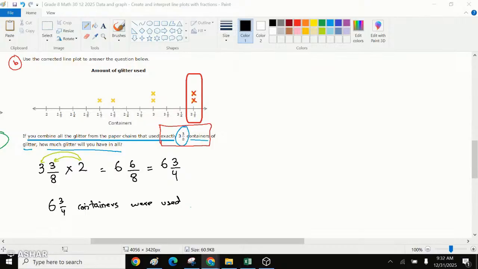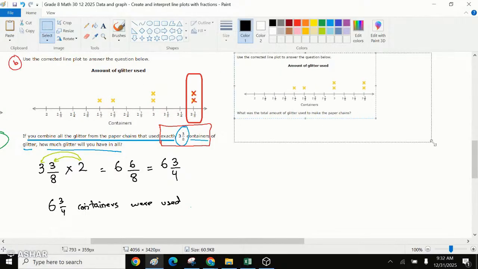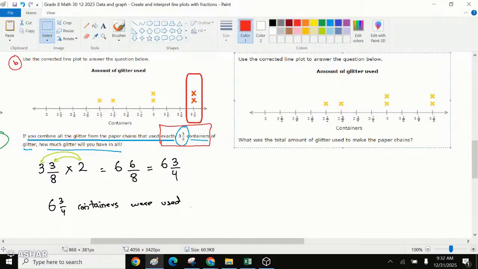Let's read this. If this was the continuation, this is part number 3, part C. The same diagram is given, and they're asking what was the total amount of glitter used. That means we need to find the total.